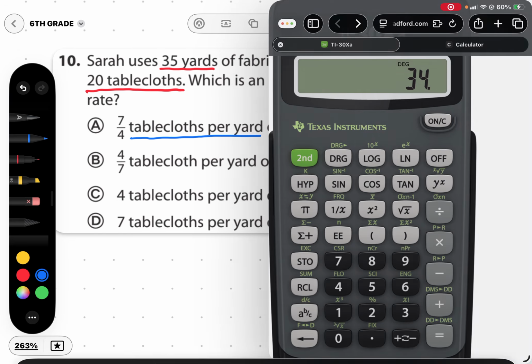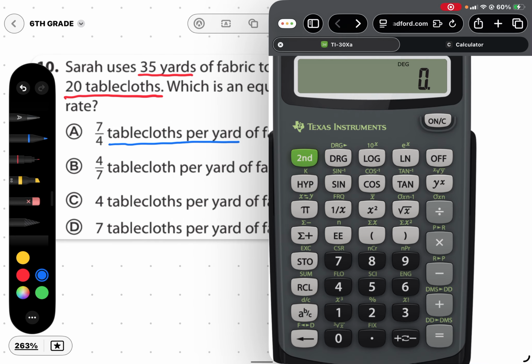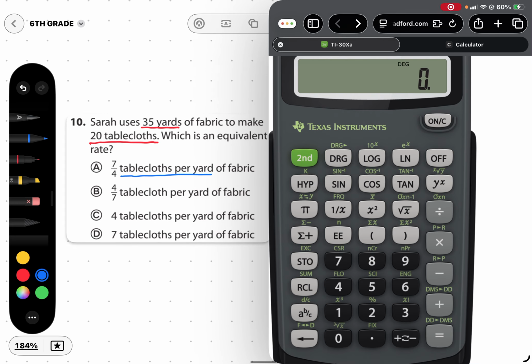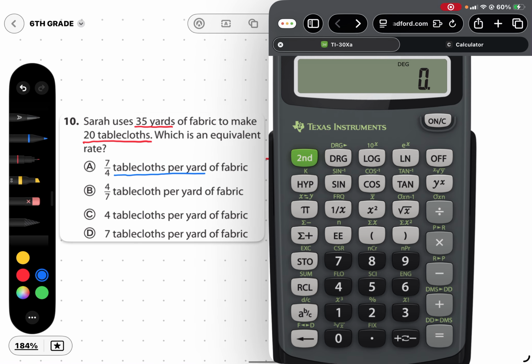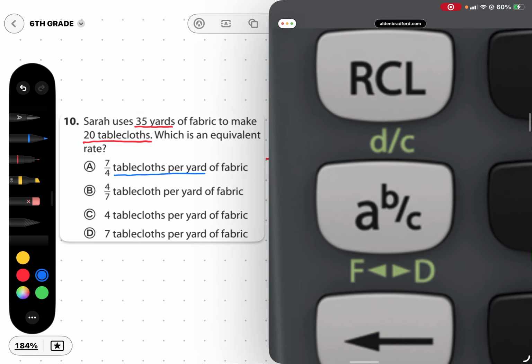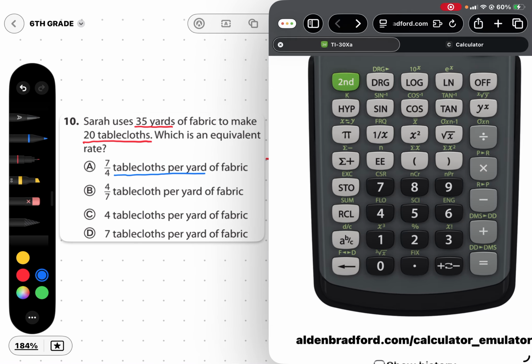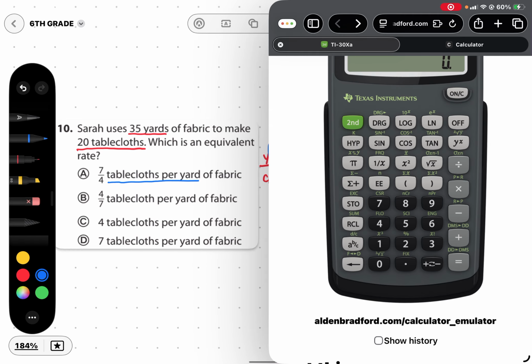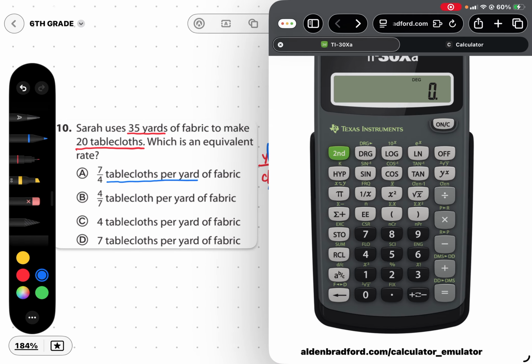All right. So let's go ahead, and I'm going to use the handheld calculator. So 20 over 35. Once again, I'm going to show you one of the useful techniques for the handheld calculator. And it's going to be using the ABC button right here. So we're going to type in that fraction, 20 over 35, okay? 20, ABC, 35. Now, when we hit equals, this calculator is going to take this fraction and give us the simplified fraction. And we don't have to try to figure out how to simplify it. The calculator will do it for us, as long as we know how to type it in.